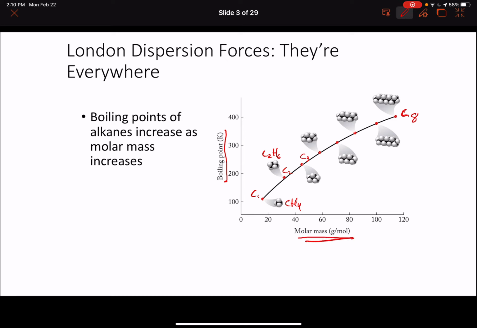Okay, so molar mass is another way to describe the increasing length as we add units down that chain.